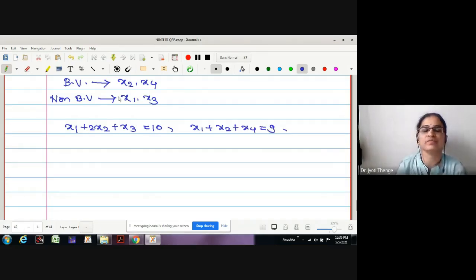What is the job now? In order to write f of x in terms of x1 and x3, x1 is there already. Therefore, we have to remove x2 and express x2 in terms of x1 and x3. Which constraint equation should I use to express x2 in terms of x1 and x3?